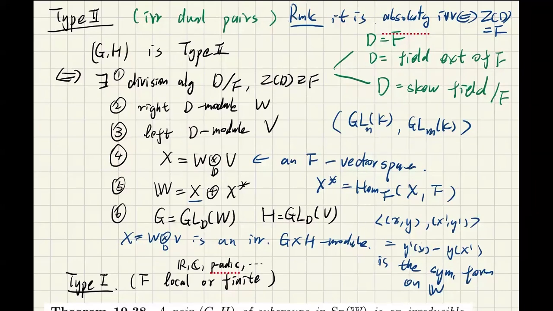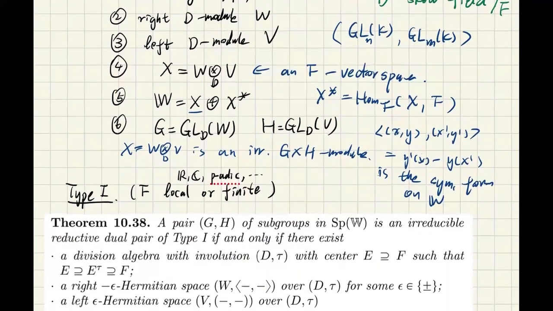It's typical to study, for example, the branching problem of GL_N(K) representations restricted to GL_N(F), this kind of stuff.